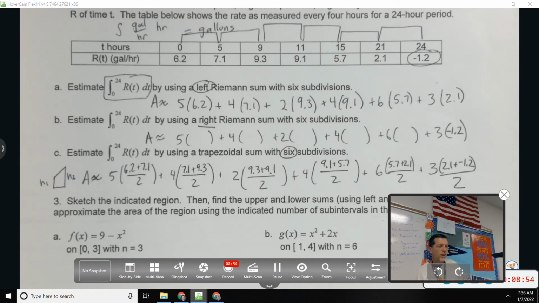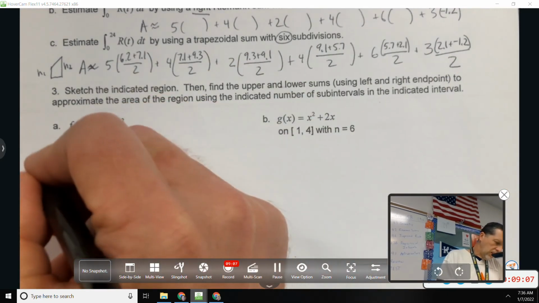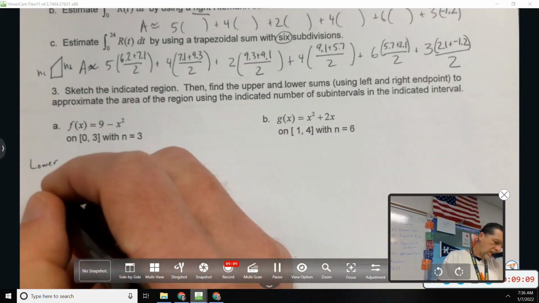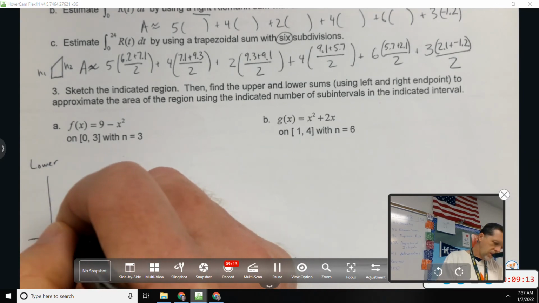3, A or B? Those are sort of back to, I think, easier ones, or what we think of as easier ones. Could you go over A, but the lower part? So the lower sum on A. 9 minus x squared from 0 to 3.